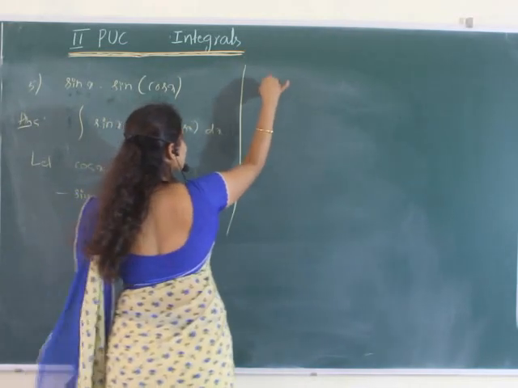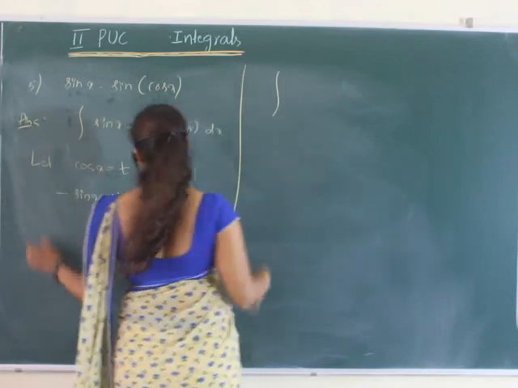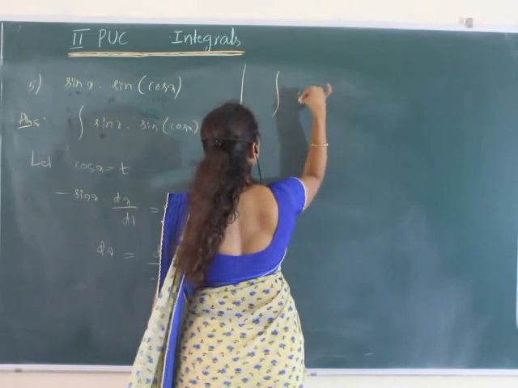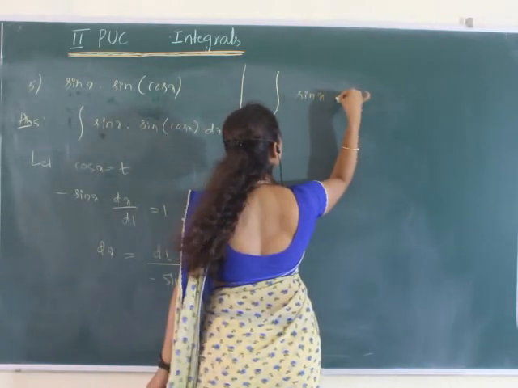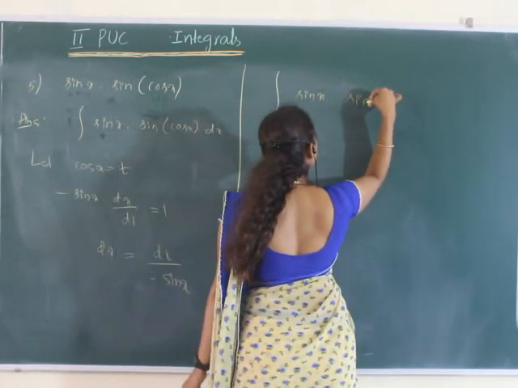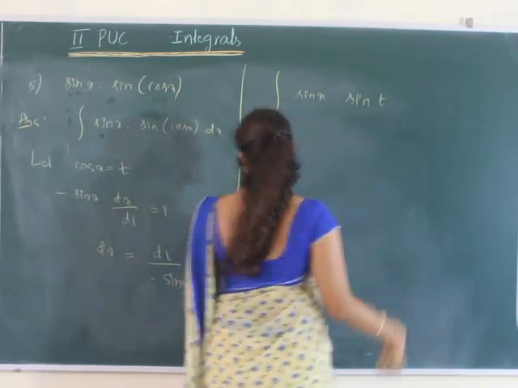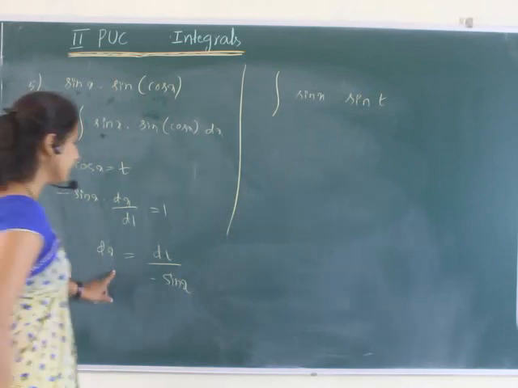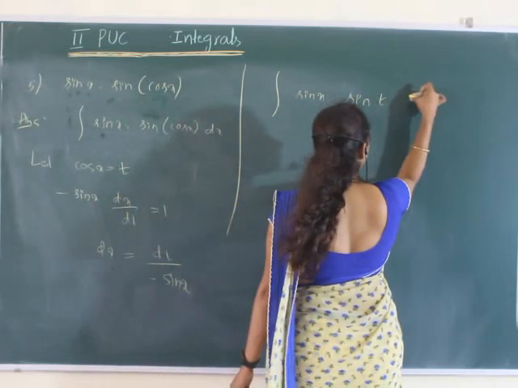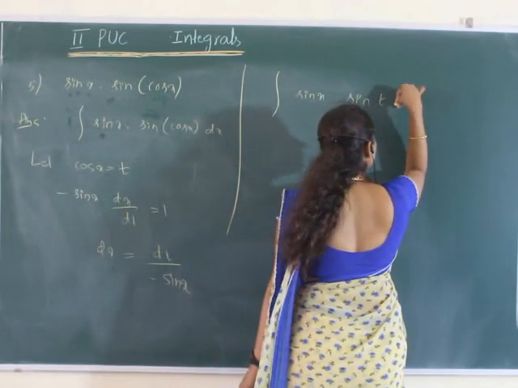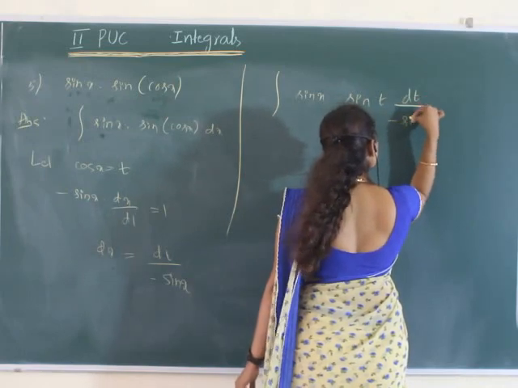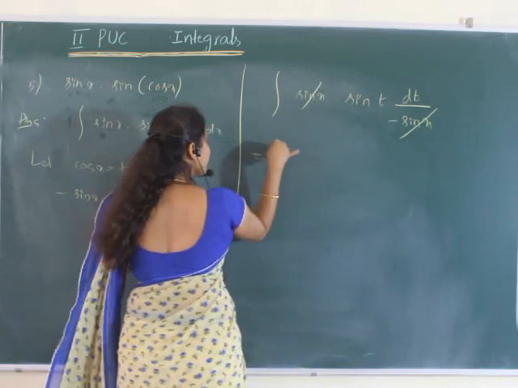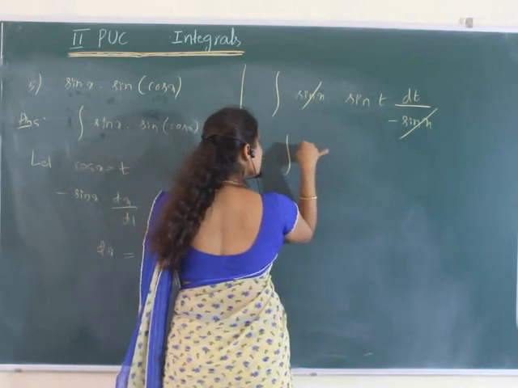The integral becomes the integral of sin x into sine of t, since we have taken cos x as t, into dx, which is dt by minus sin x. So sin x and sin x can be cancelled.